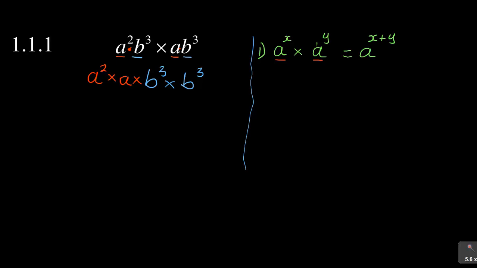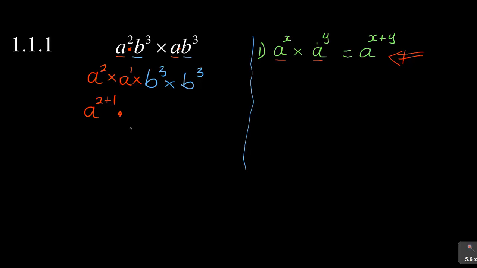Now whenever you are given the a squared and a, that particular a means there is a power 1 that is hidden. Now I can then apply the law that I showed you here. That is the first law of exponents. When the bases are the same, you add the exponents. So I have got my a, then I must add 2 plus 1, and then times, or you can put a dot.